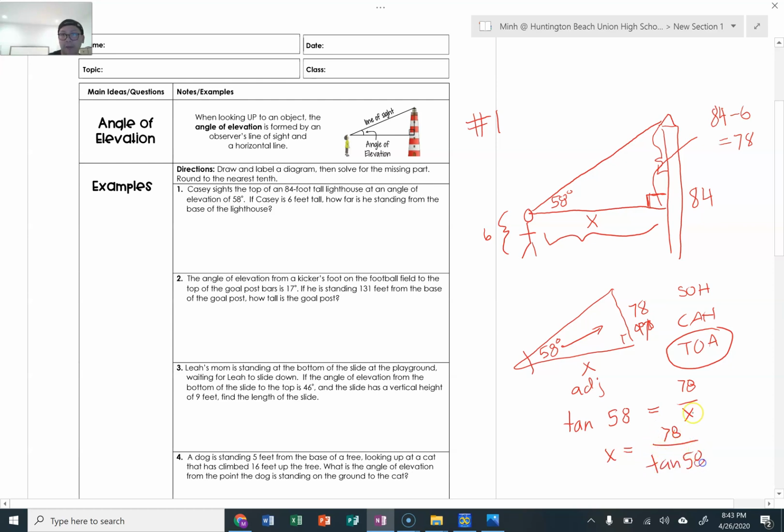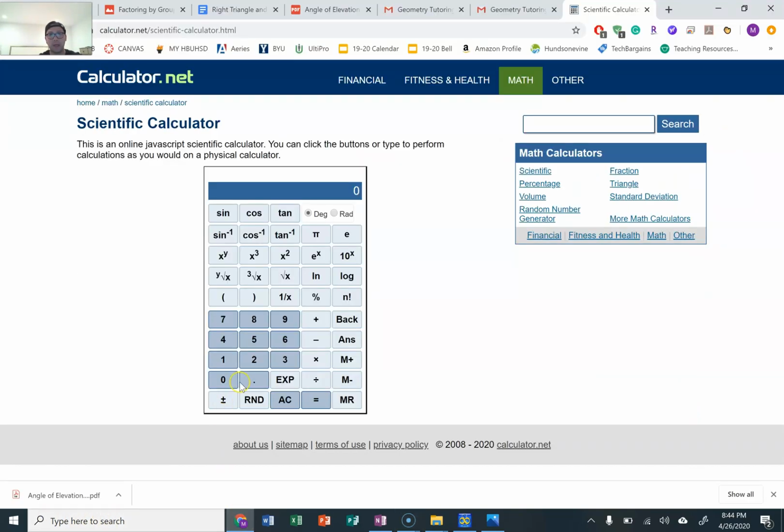And remember, I set you guys up using the scientific calculator online. So let me pause real quick. I'm going to pull that up. All right, so I paused the video and pulled up my scientific calculator. So I'm going to put 78 divided by tan 58. So going over here, I have 78 divided by tangent. Remember, not the inverse because we're not solving for an angle, we're solving for a side.